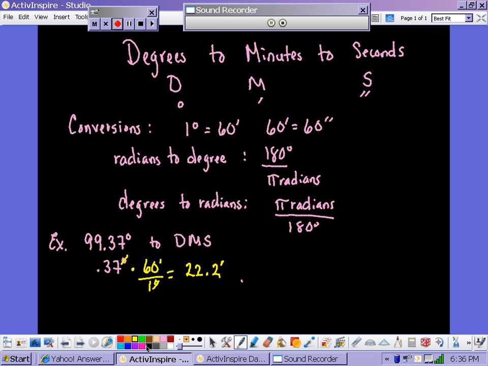So then we take 0.2 minutes, use our conversion factor, 60 minutes equals 60 seconds. So then we multiply 0.2 times, here again, we want the minutes to cancel out, so the minutes are going to go on the bottom.